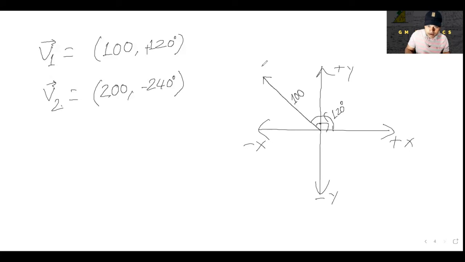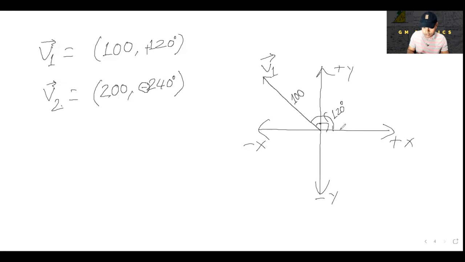Now let's write it, v1 vector. Now let's look at v2 vector. v2 vector is 200, minus 240 degrees. So first of all, we have to move 240 degree. And since it is negative, we have to move in clockwise sense with respect to which standard reference line? Positive x-axis. So let's move 240 degree.